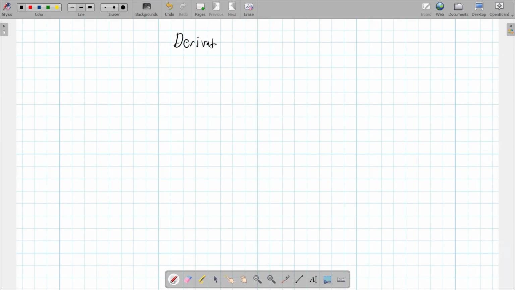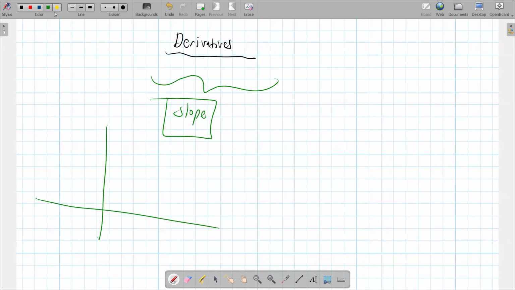So far we've done derivatives. This is the slope. You have a function. Let me just draw some weird looking thing, something like that. The derivative is the slope of this function at a certain point. So that would be y prime of a.